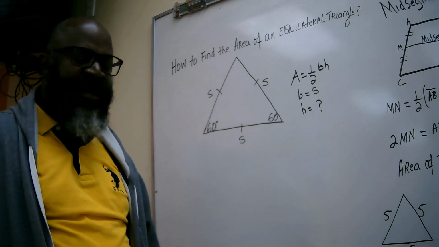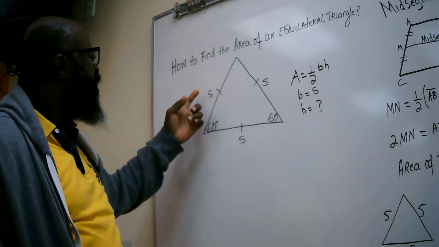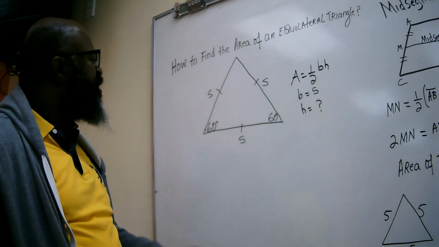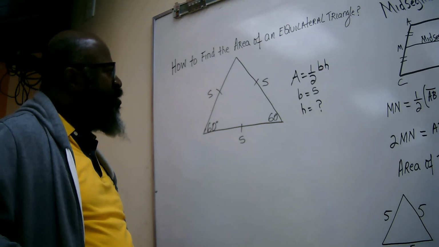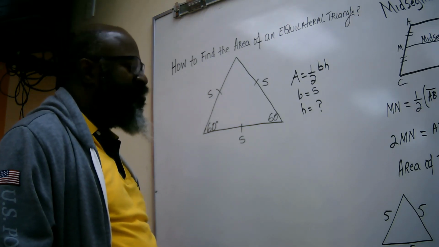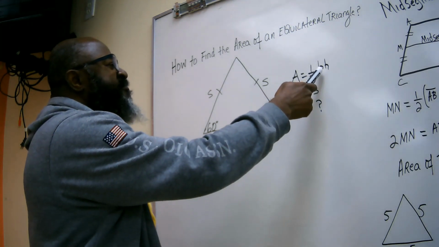So, in this case, you are given a triangle where each side is S. We know how to find the area of a right triangle: area equals 1/2 base times height.